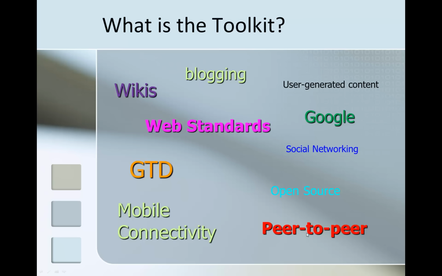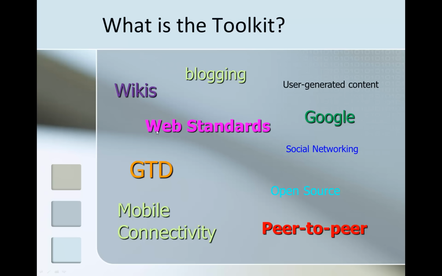Peer-to-peer, sharing with one another, mobile connectivity for your mobile devices, your cell phones, smartphones, tablets. GTD is getting things done, which I still really like. That's sort of a passé term, but that is indicative of a category of applications that would help keep you organized. Reminders, checklists, calendars, those sorts of tools.